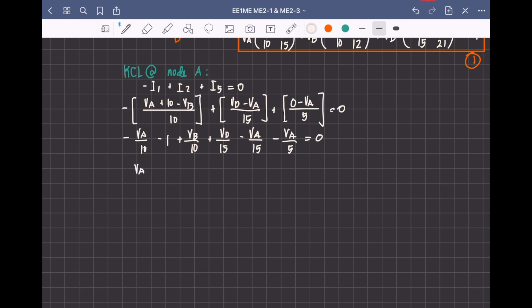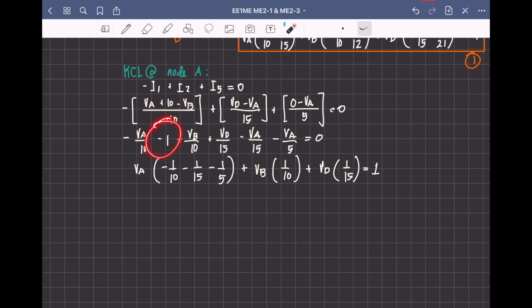So I have VA terms here from negative 1 over 10, negative 1 over 15, at saka negative 1 over 5. Okay. Plus VB terms, meron tayong isa. So that is positive 1 over 10. And then we have VD term na isa din. Plus VD, which is 1 over 15, positive 1 over 15. And then equate that to positive 1. Okay, because of this one. Transpose it to the right, becomes positive. And this is officially your equation number 2.